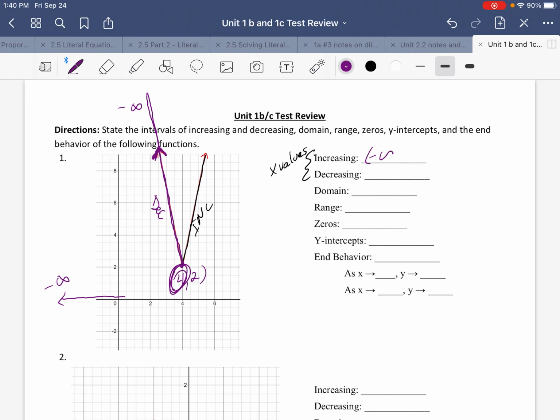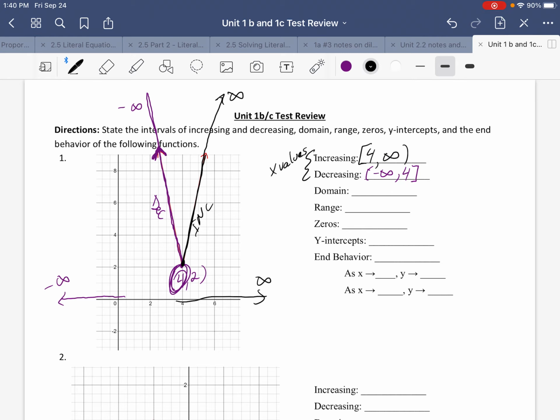Oh no, sorry, that's the wrong one. We're going to decrease from negative infinity to 4. And you can put a bracket or a parenthesis, does not matter. Increasing starts increasing at 4. And it'll go to the right forever. Right forever on the x-axis is positive infinity. So it's going to go to the right forever to positive infinity.